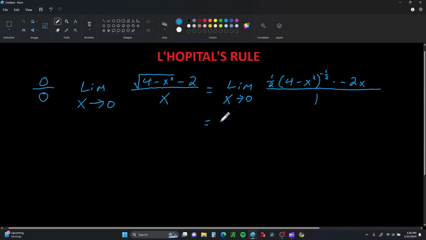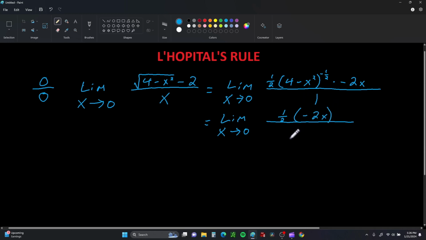Now I have to rewrite this because this being to the minus 1/2 power moves to the bottom. The correct form would be to make the 1/2, put the 1 here and the 2 down here, and then divide, but I'm just going to take half of minus 2x here.